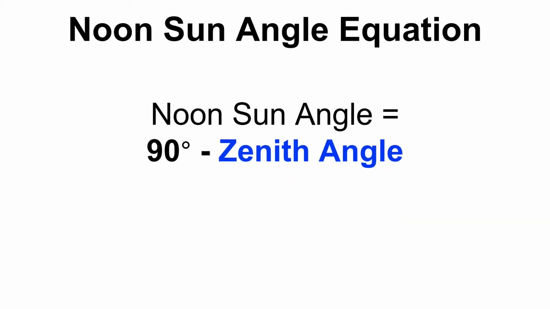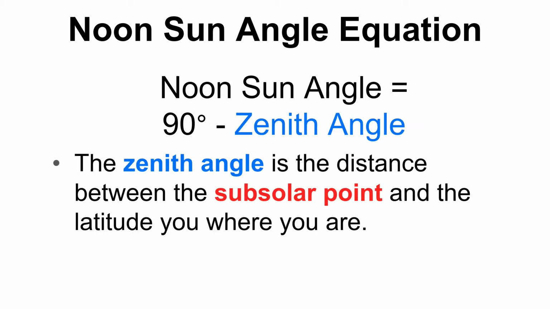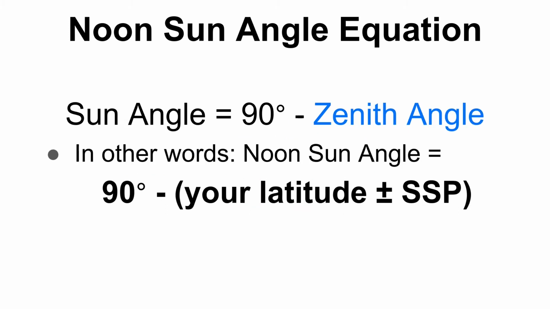The zenith angle is the number of degrees, and when I say distance, that's in degrees, between the subsolar point and your latitude. So the zenith angle is just the number of degrees between 2 locations. In other words, the noon sun angle equals 90 degrees minus the difference between your latitude and the subsolar point.